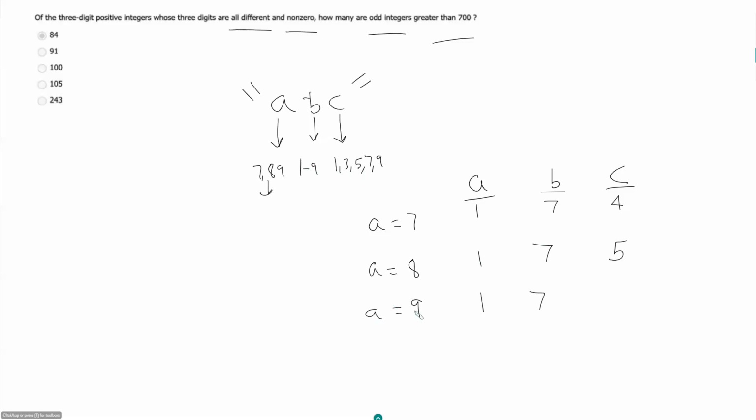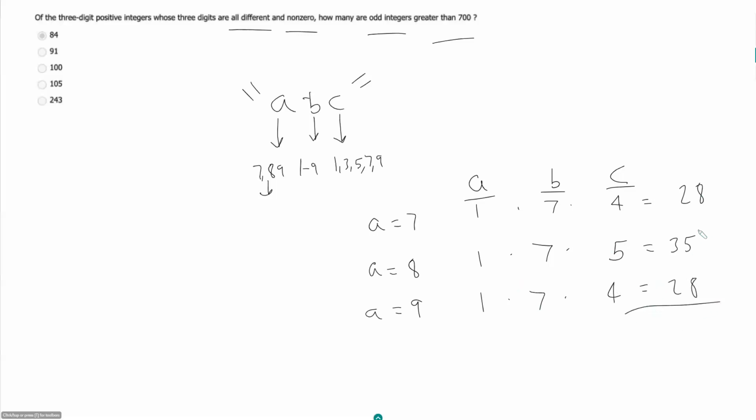Now if A is equal to 9, we can only use 4 of our options for C because we can't use the 9 again, and that will be the same number that we get here. So in total, if A is equal to 7, we got 28 options. If A is equal to 8, we got 35 options. If A is equal to 9, we got 28 options.